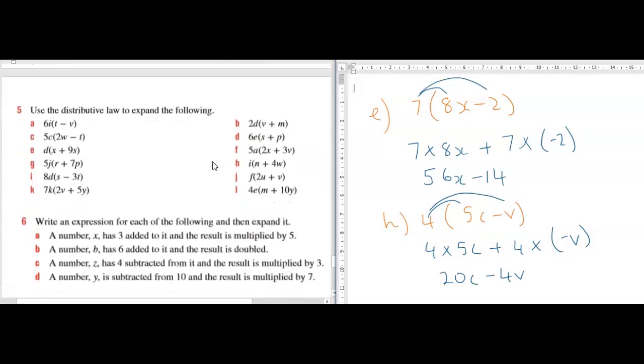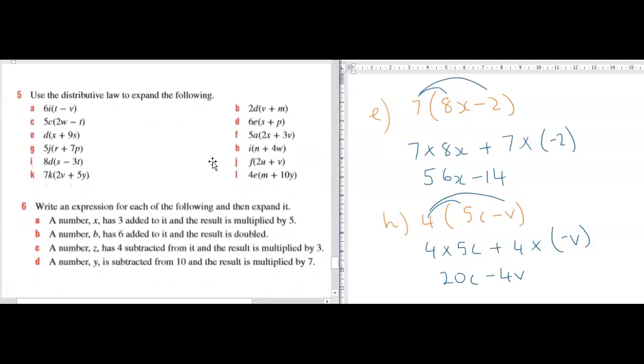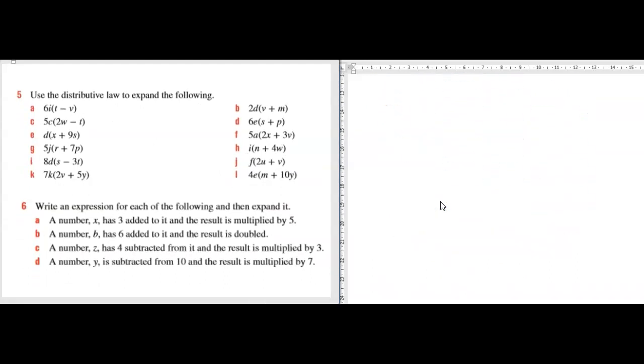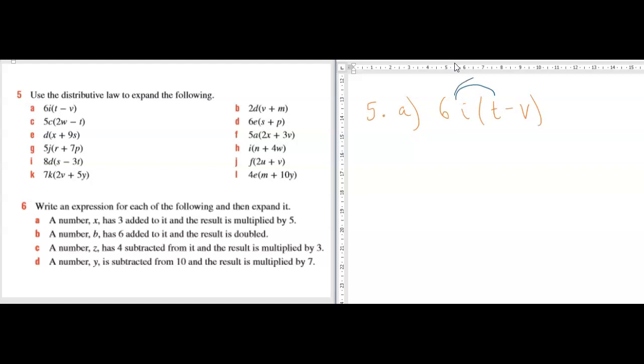All right, let's move on to question 5. We've now got a pronumeral out the front of the bracket. So 5a, we've got 6i, oh, we've got multiple variables. But the method's still the same. We're multiplying the 6i by t and the 6i by negative v.